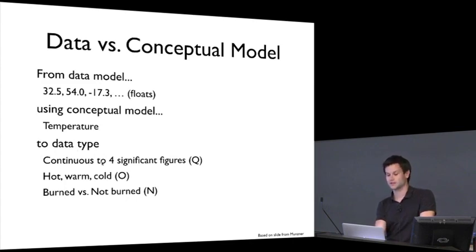So you could say it's a continuous number with 4 significant figures. Or you could say, I just convert it to hot, warm, and cold. So I can transform this raw data that I have here to an ordinal data range. But I need a conceptual model for it. Or I could also convert it to a nominal data, burned versus not burned.